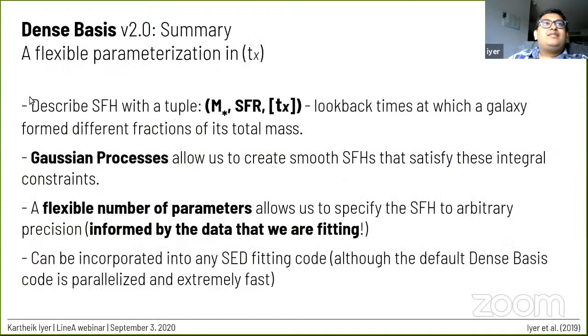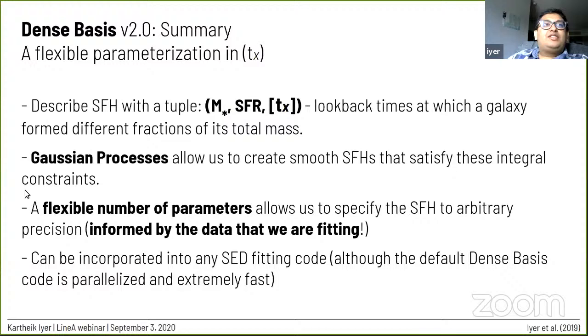So to summarize, we can start describing the star formation histories with tuples and convert these tuples into smooth curves using Gaussian processes, and then keep the number of parameters flexible so that the shape of the star formation history is completely informed by the data that we're fitting.